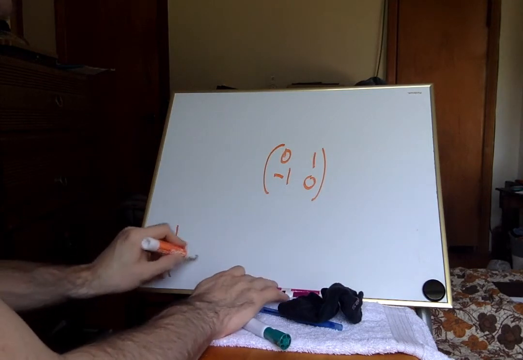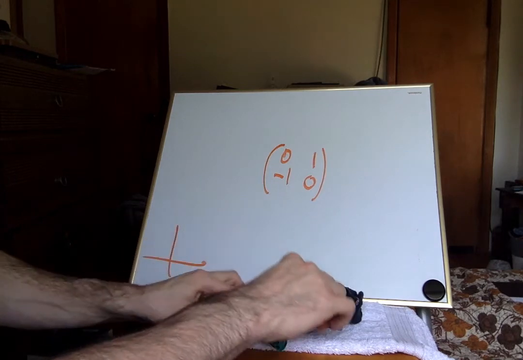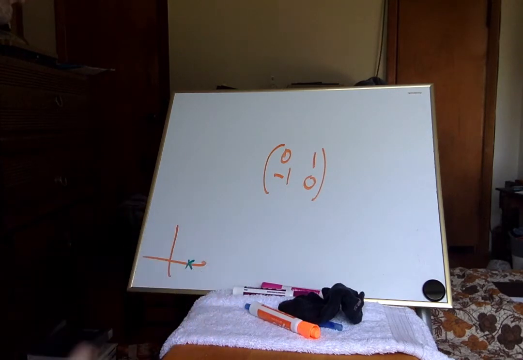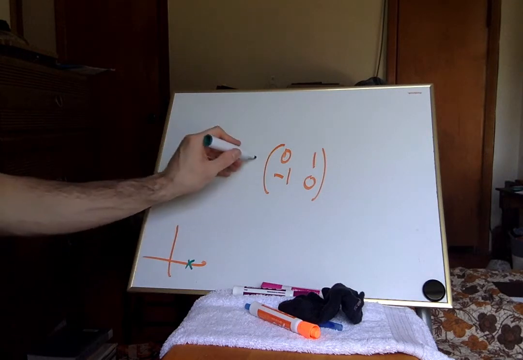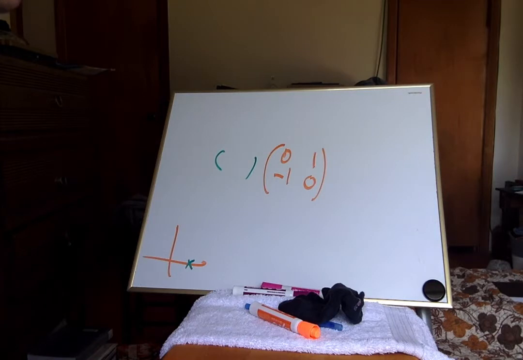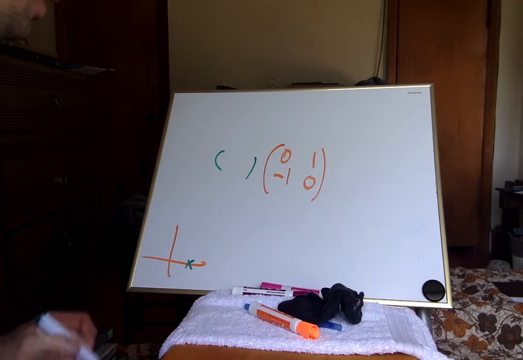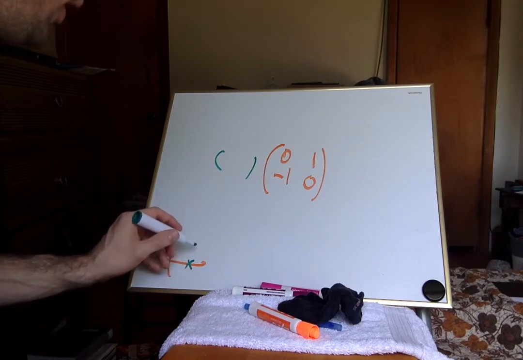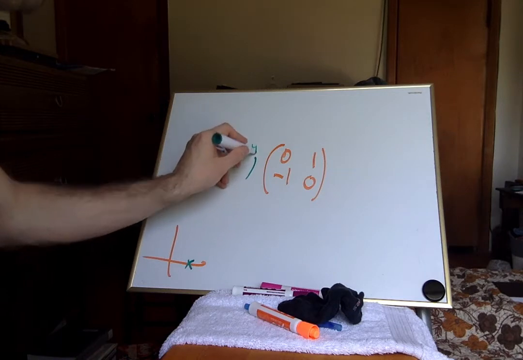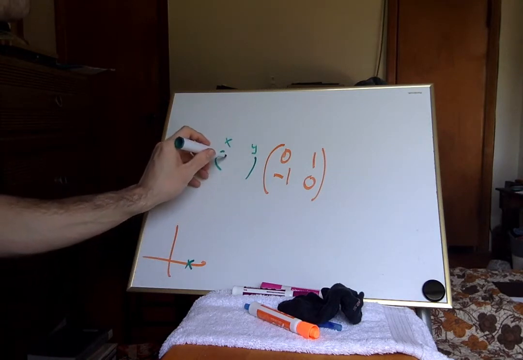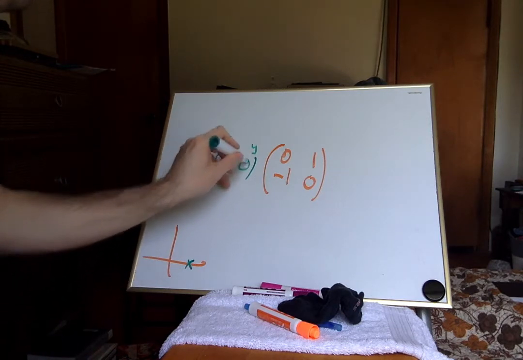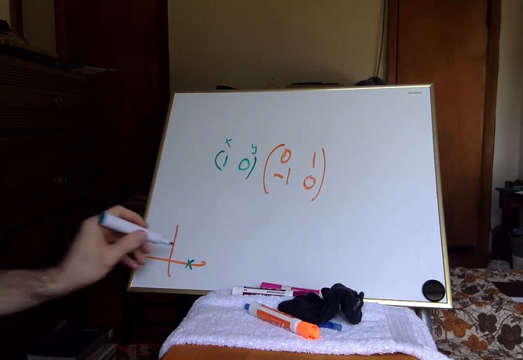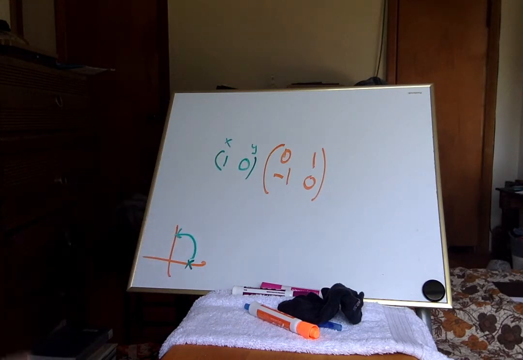Now, suppose I had this point down here, right? Well, what sort of object is that? Well, it's a single point, so the geometric object would have to be a 1 by 2 vector, right? And its x components go here, and its y components go here, and its x component is 1, and its y component is 0. So let's say I want to rotate it by 90 degrees.